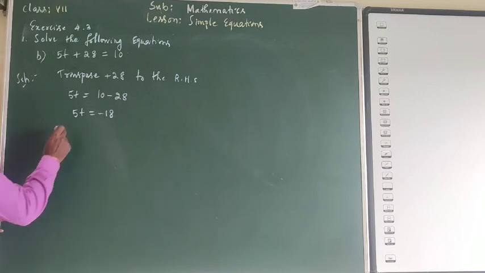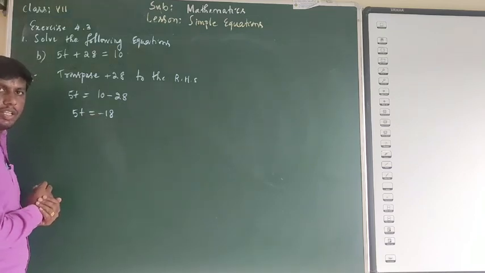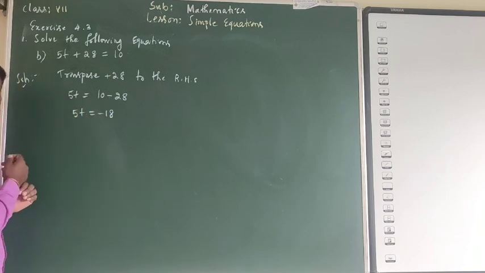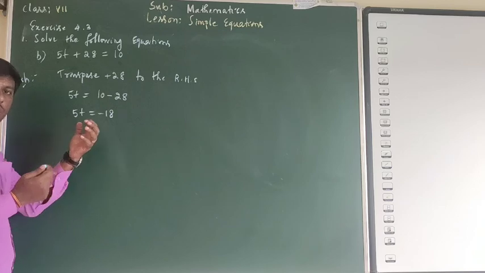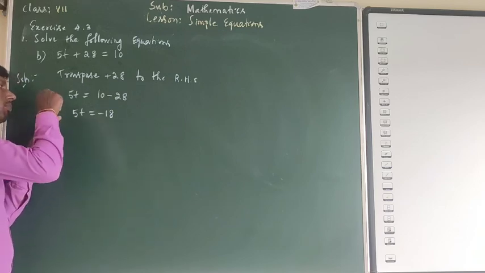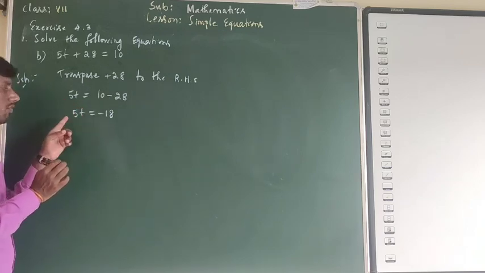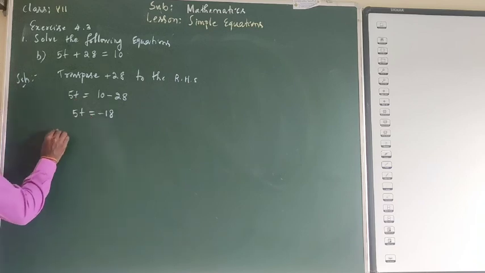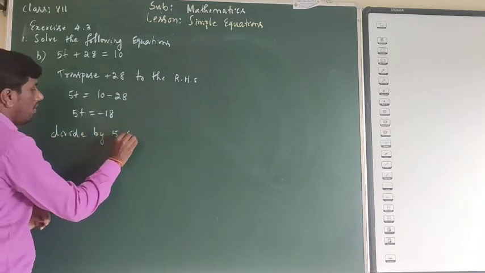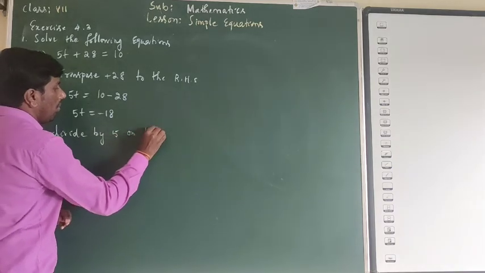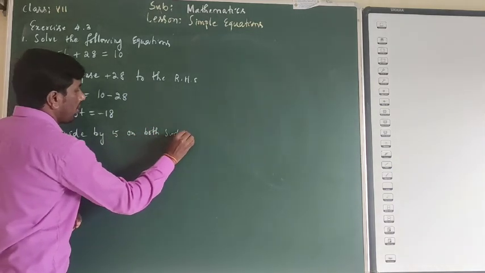Then, 5t is equal to minus 18. If I want to remove 5, 5 is multiplied here. In order to remove that, I need to divide by 5 on both sides. Clear?